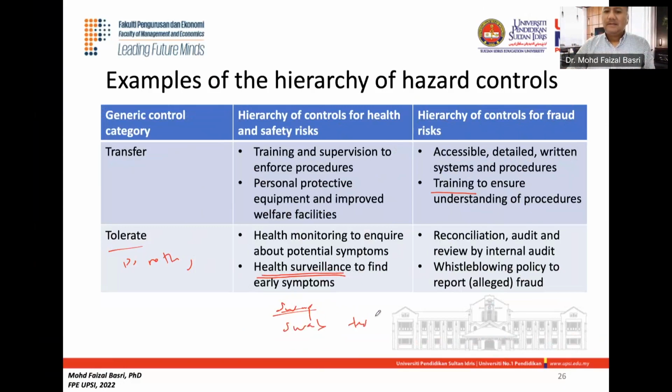The swab test for COVID is one example: two years ago we obviously did not tolerate it, but now everyone can go to work, everyone can go to classes. So one of the key things that some organizations are doing is to have their employees do swab tests just to detect any symptoms. That's it.